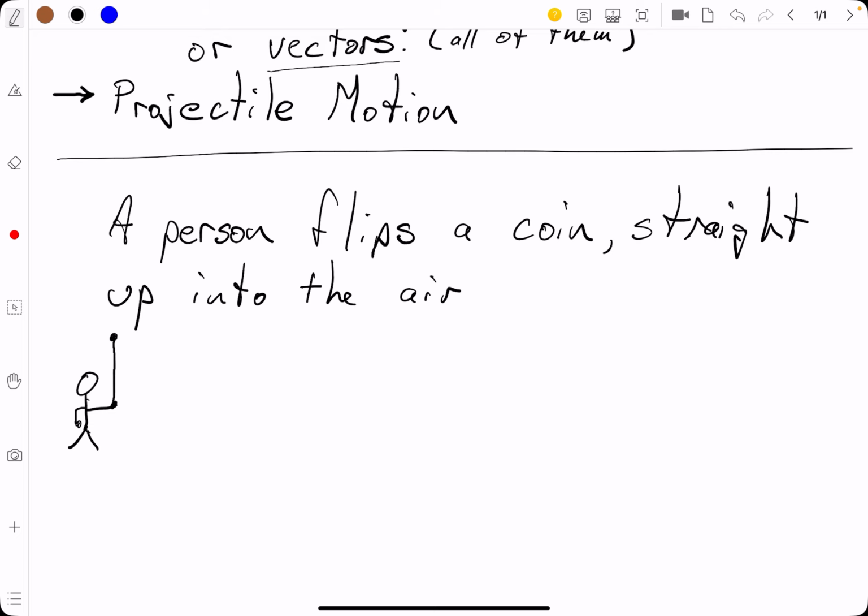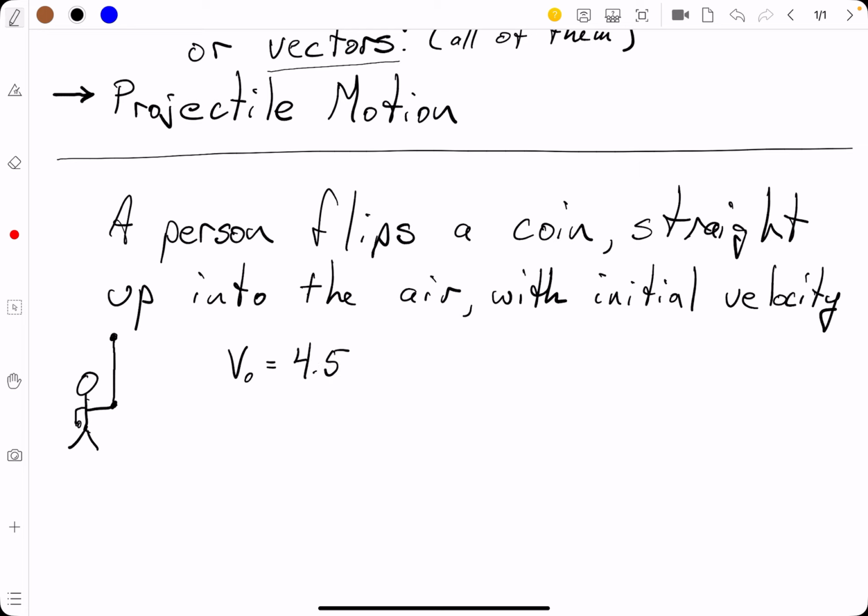And the initial velocity, let's reduce it from what I normally do. Let's make the initial velocity v naught equal to 4.5 meters per second.